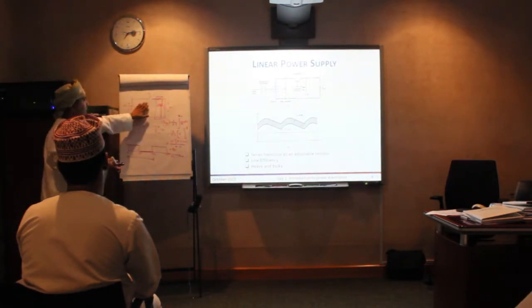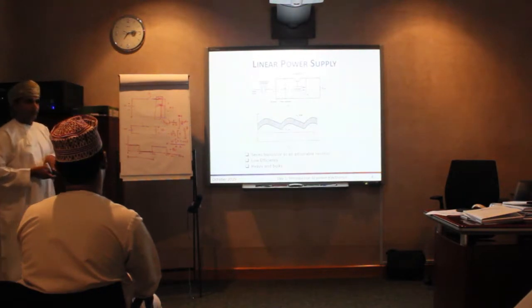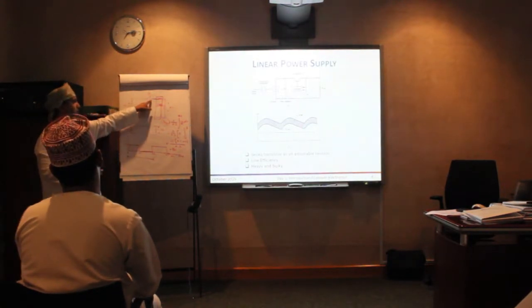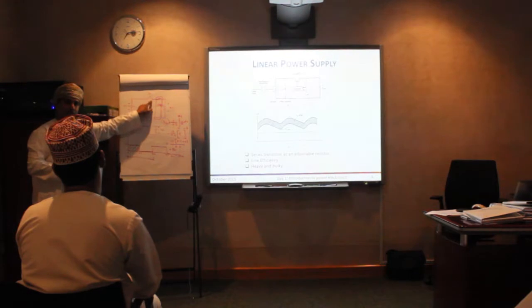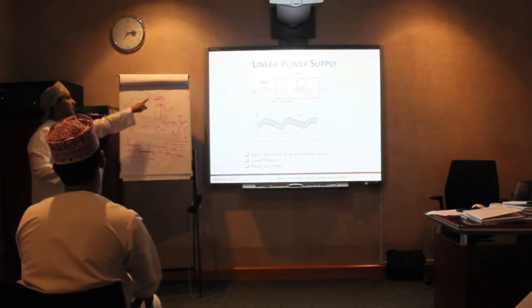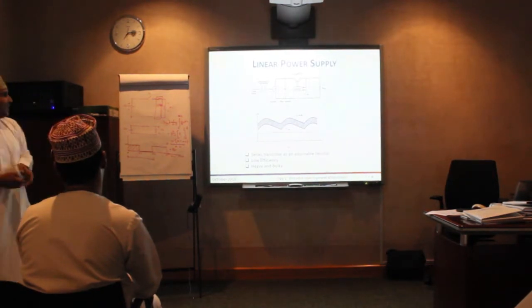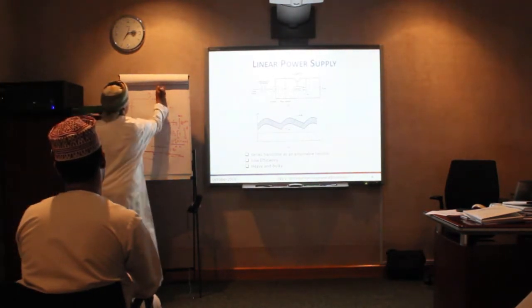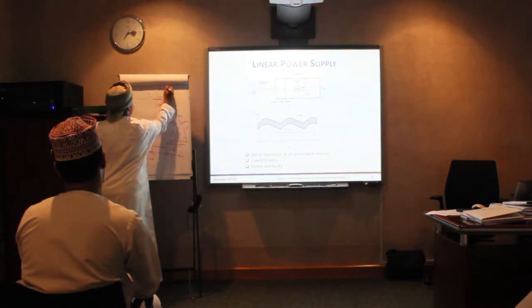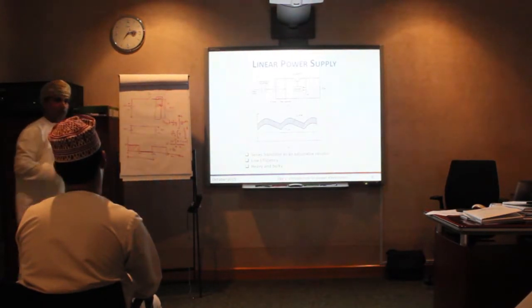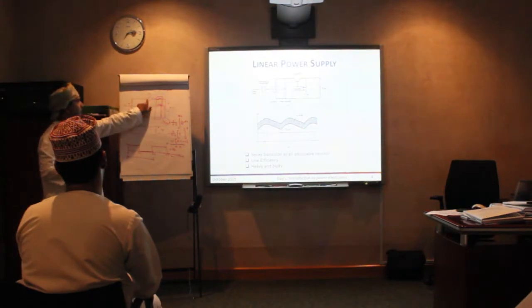Let's look at the first circuit and the second circuit. In the first circuit, is there any current passing through the switch? And what's the voltage across the switch? No current. The voltage is 10 volt. I need to calculate the power across that switch.